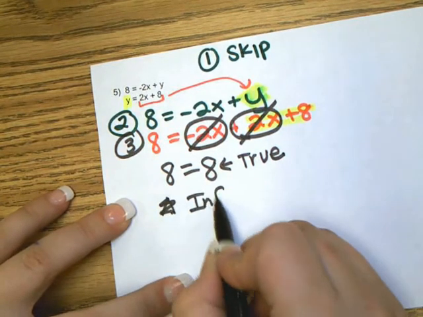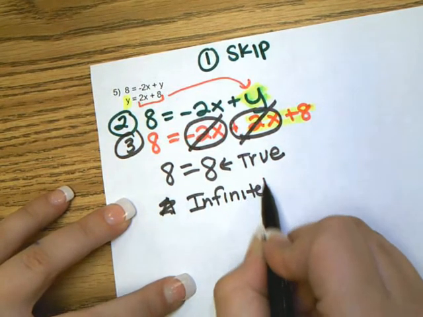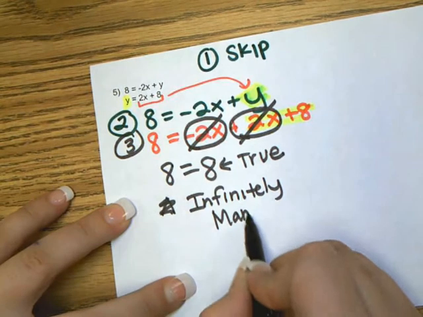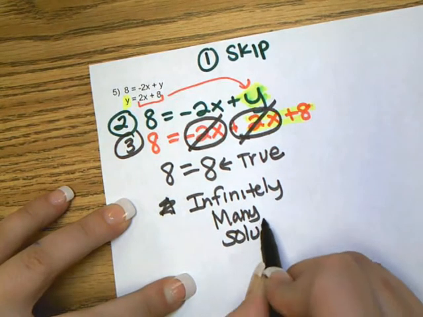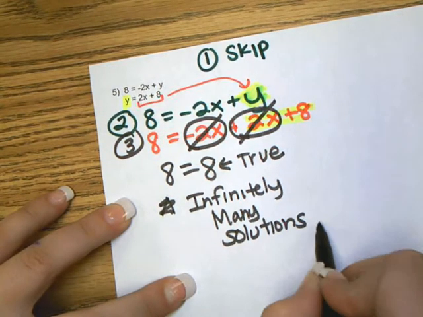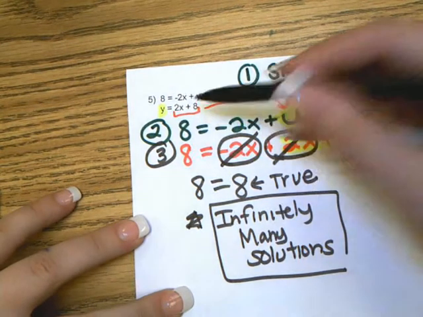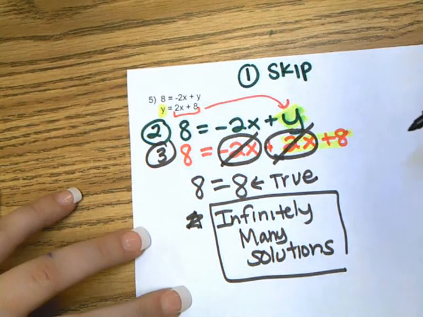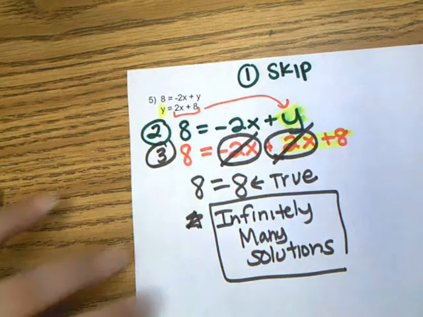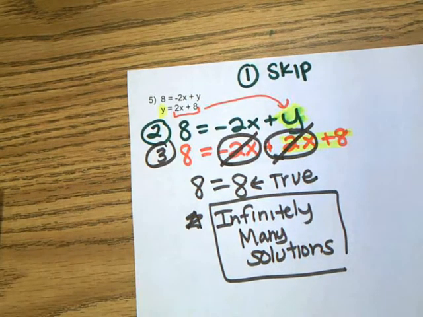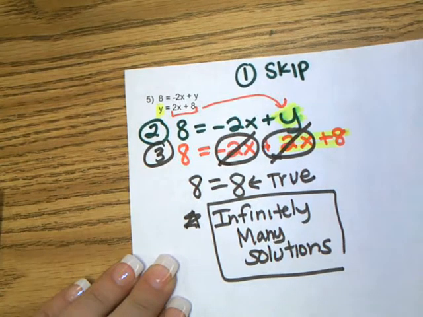When this is true, that means your answer is infinitely many solutions. That means there's a lot of numbers that can go back into both of these and make both sides equal one another.